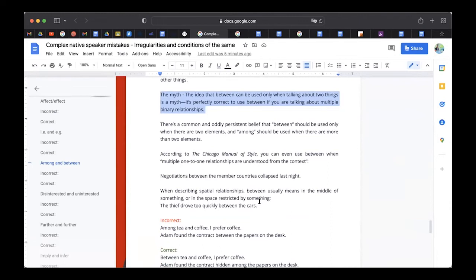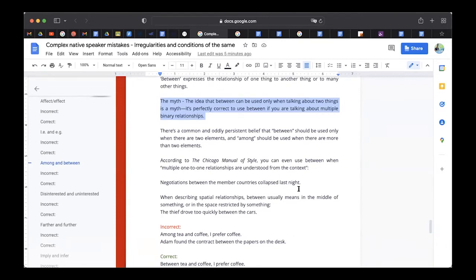The idea that between can only be used when you're talking about two things is completely a myth. It's perfectly correct to use between if you're talking about multiple binary relationships. So between is used to express binary relationships, and that binary relationship again can be multiple.